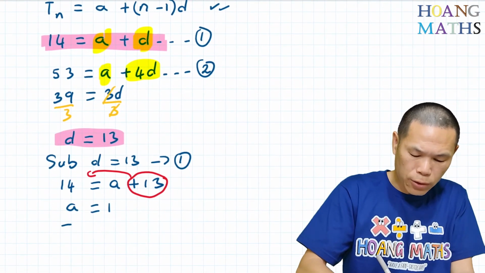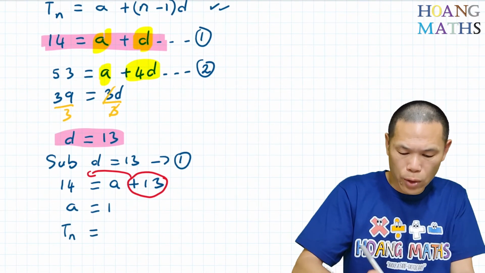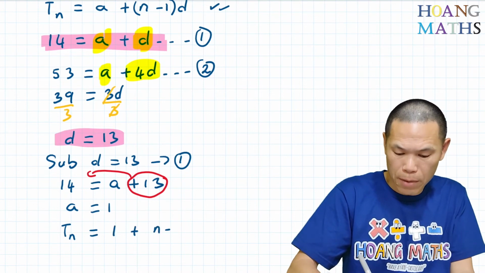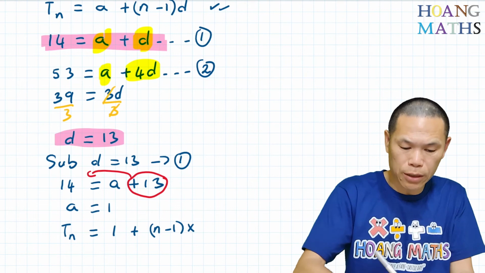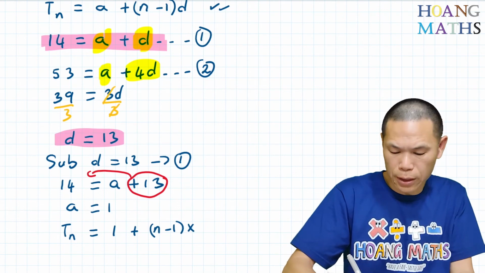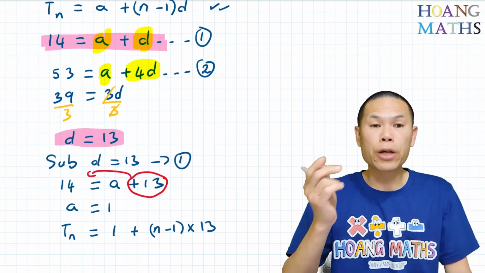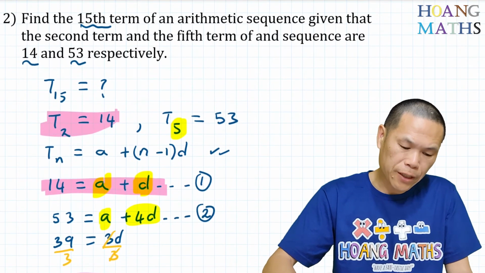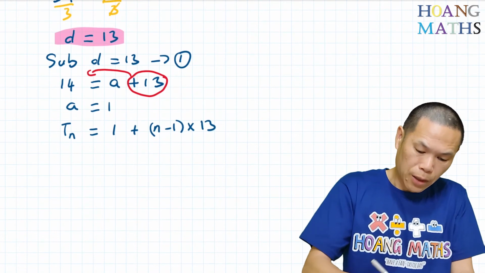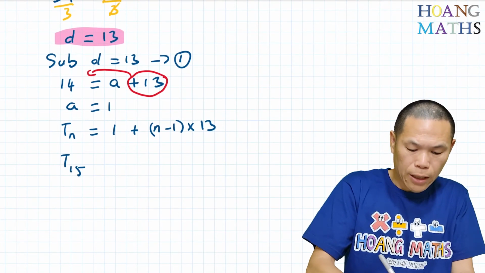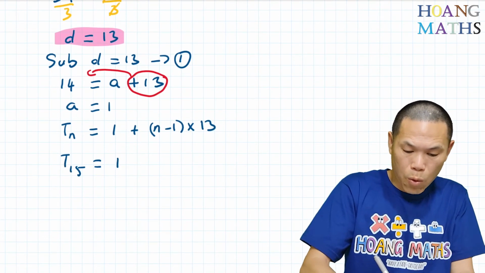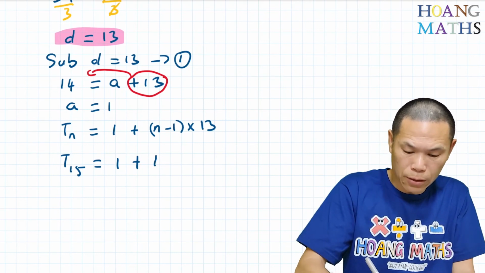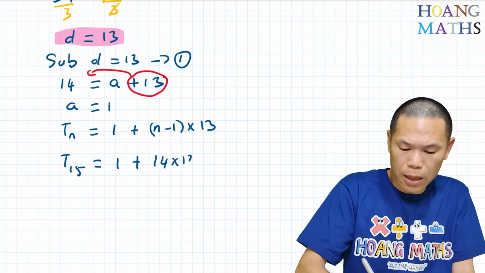So now we know that Tn is equal to a, which is 1, plus n minus 1 times the common difference, and the common difference is 13. So there you go. Now we need to find the 15th term, T15. So T15 becomes 1 plus, 15 minus 1 is 14, so 14 times 13.